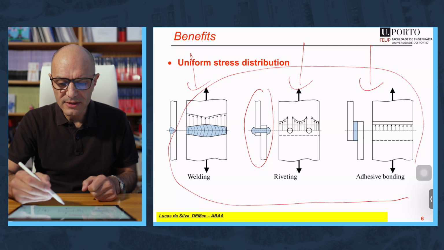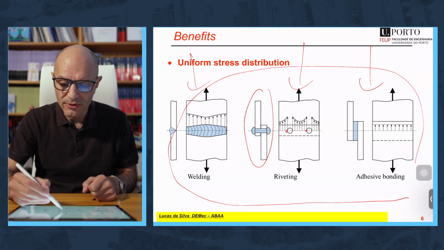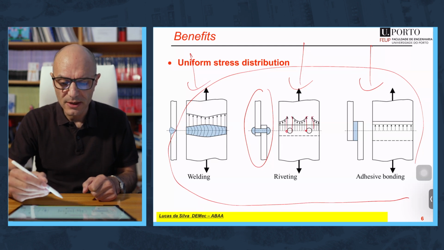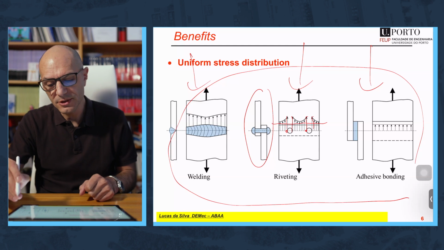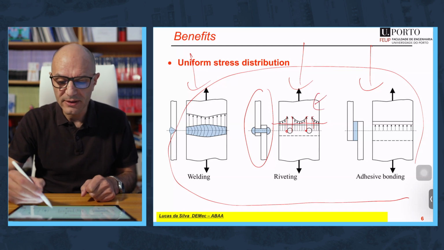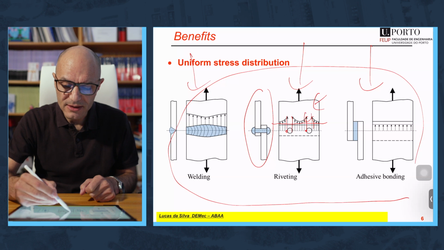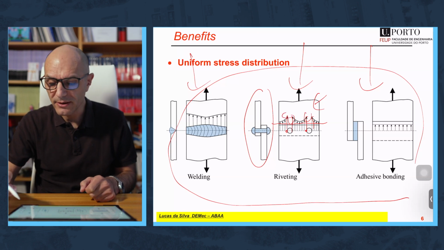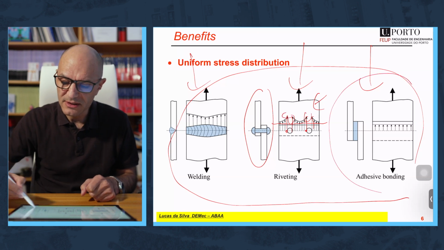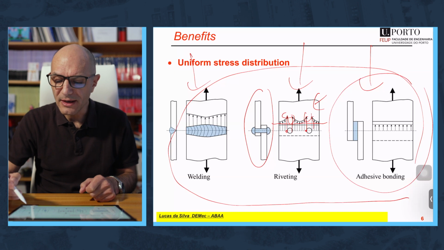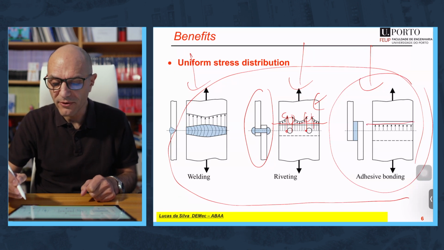Then if you look through the width, you will see that next to the holes of the rivets you have stress concentrations. So the average stress that the plate can take is limited by these peak stresses. On the other hand, if you look at the case of an adhesive joint, then you don't have any peak. If you look through the width of the joint, it's perfectly uniform.